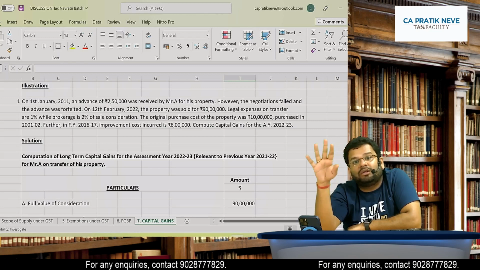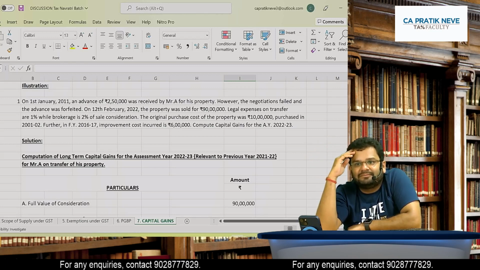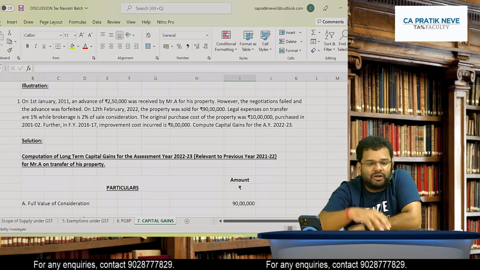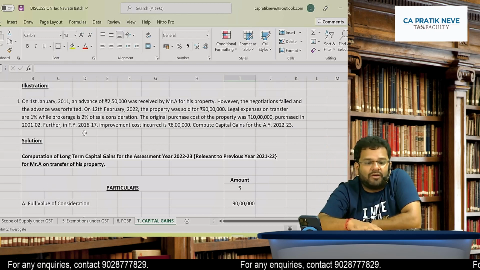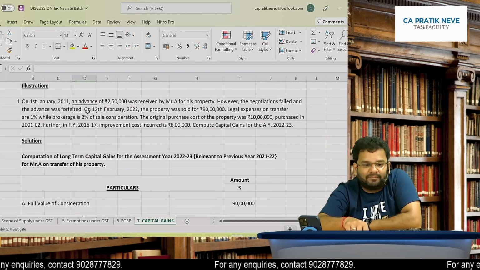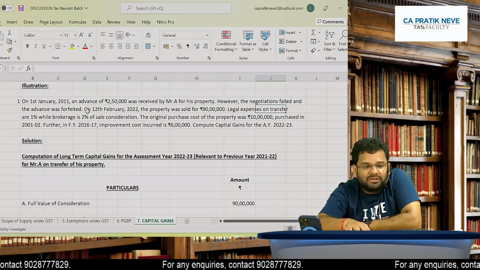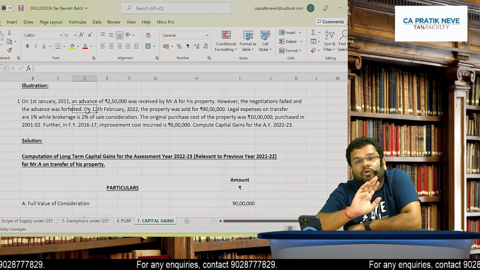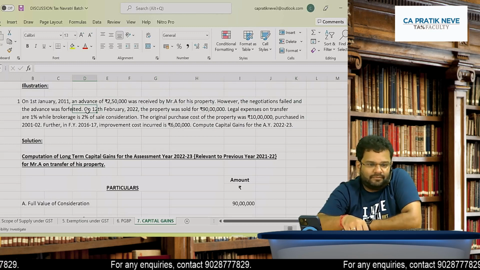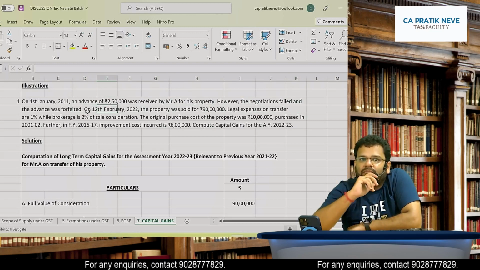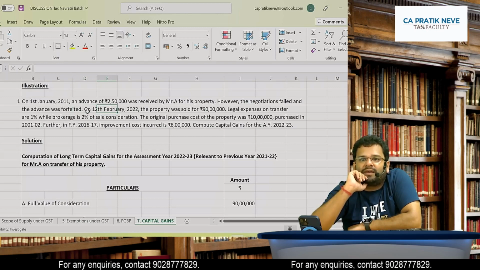But in 2011 you have enjoyed money. How much money you enjoyed in 2011? 2.5 lakhs. You are Mr. A. You enjoyed 2.5 lakhs. Okay, because negotiation failed and advance was forfeited. Have you paid any tax on 2.5 lakhs?